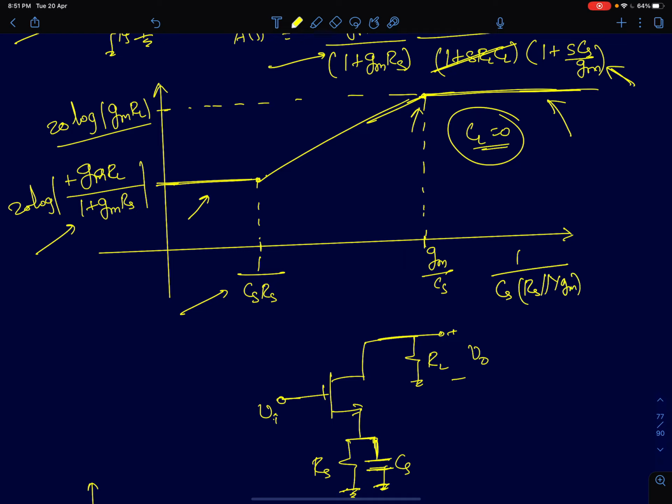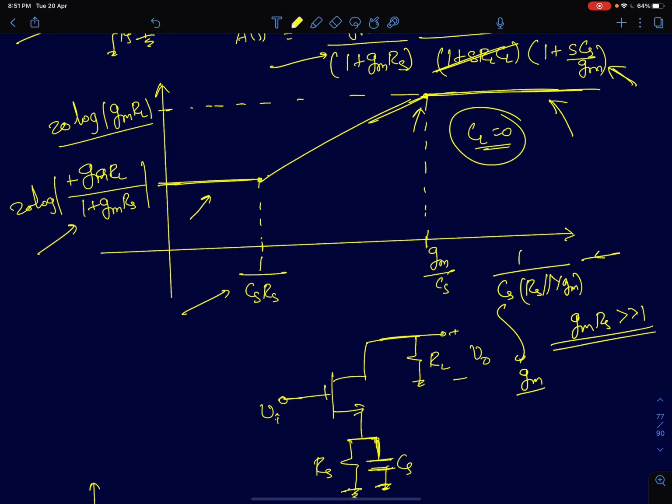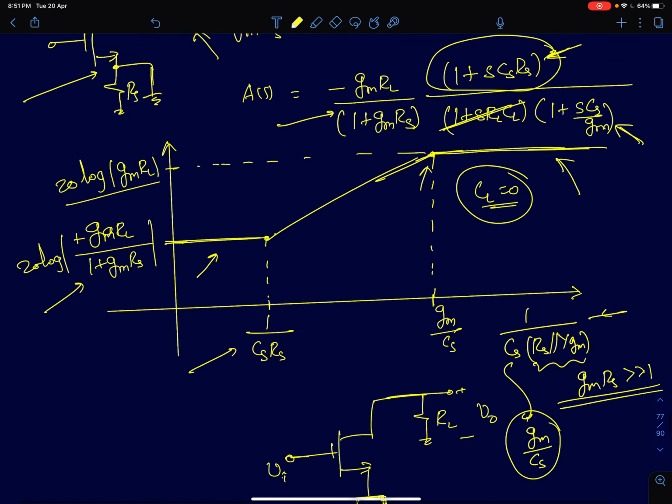I'm going to assume Gm Rs to be much greater than 1. If I make this assumption, Rs parallel 1 by Gm will be 1 by Gm itself. So then that will become Gm by Cs. So that's what I've shown here.